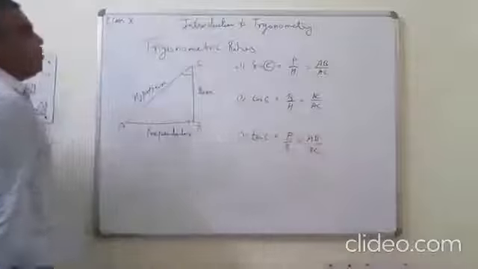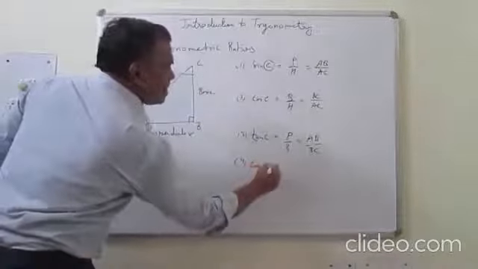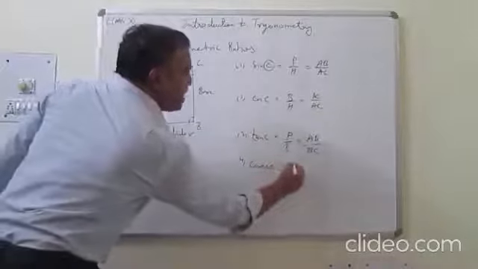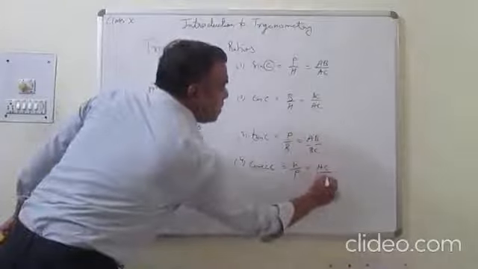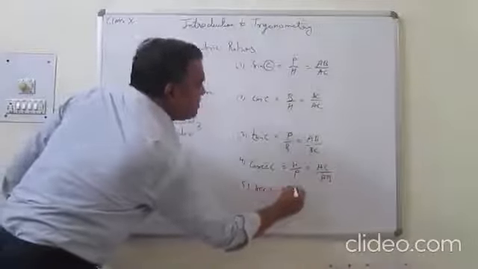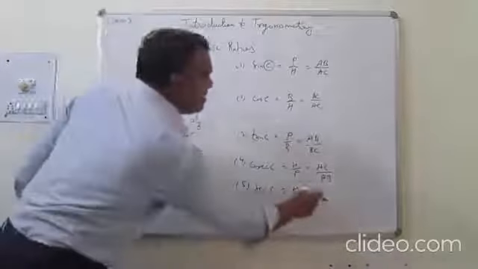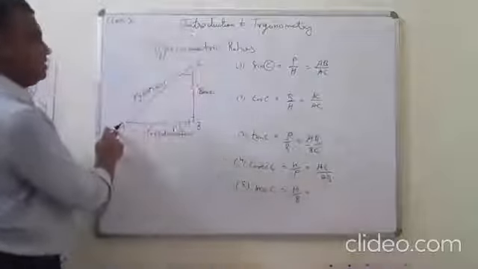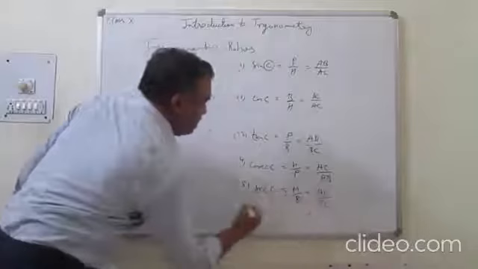Now reciprocate, you will get the values of cosec C. Cosec C is H upon P, and it is AC upon AB. Now sec C is H upon B, AC upon BC.